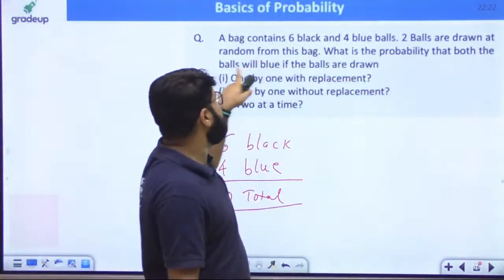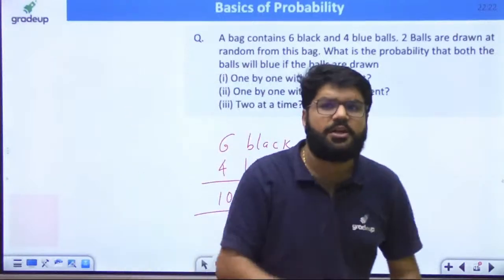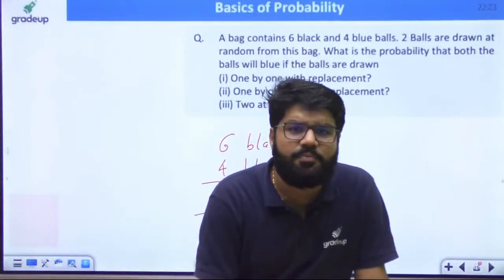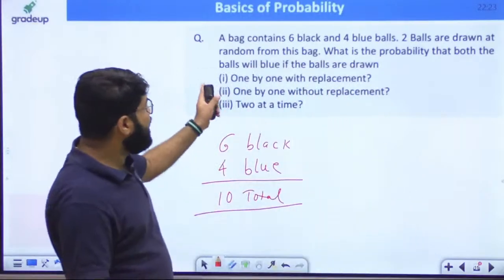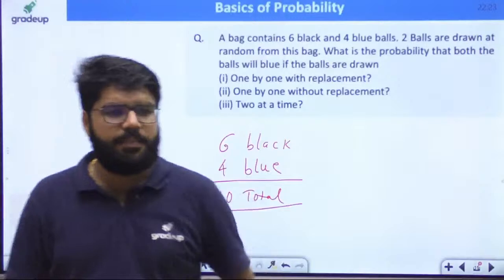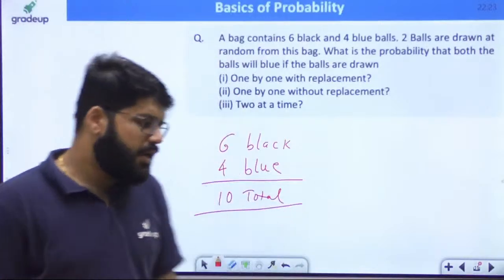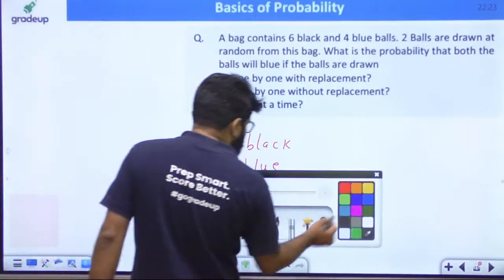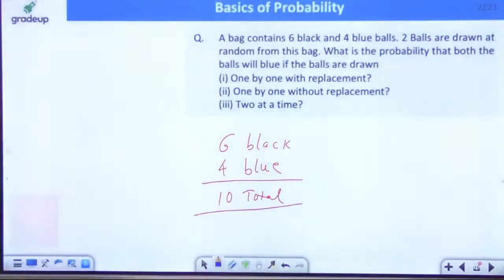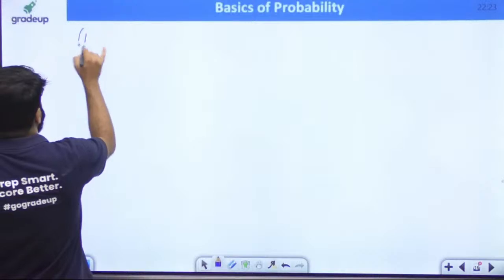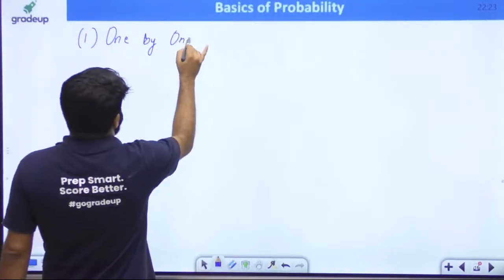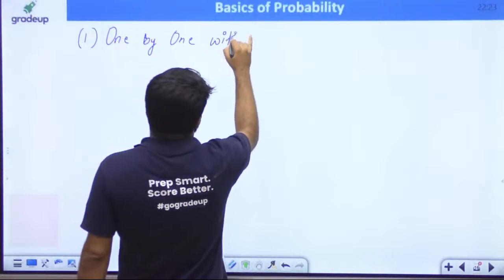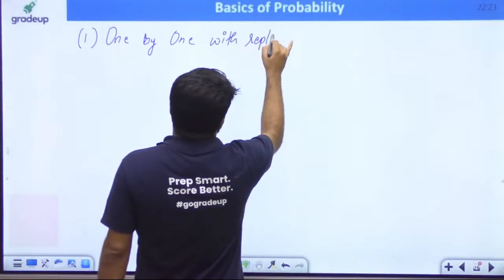What is the probability that both the balls will be blue if the balls are drawn one by one with replacement? First question.